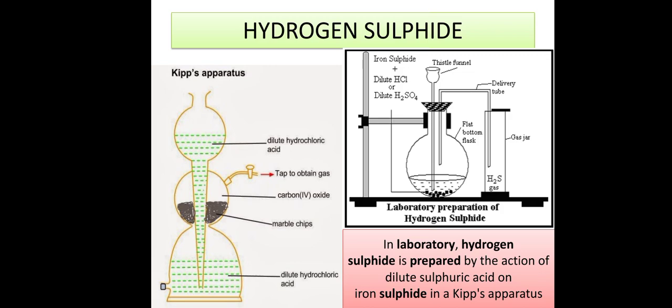Hydrogen sulfide. Let us see hydrogen sulfide preparation. Chemicals required are ferrous sulfide and dilute hydrochloric acid or sulfuric acid. The main apparatus required for the preparation of hydrogen sulfide is Kipp's apparatus.